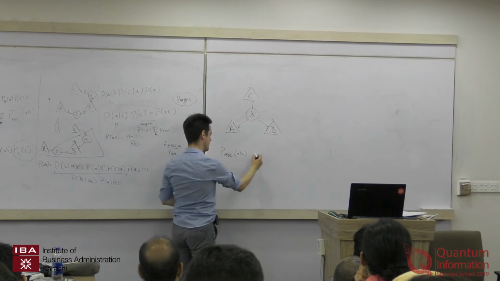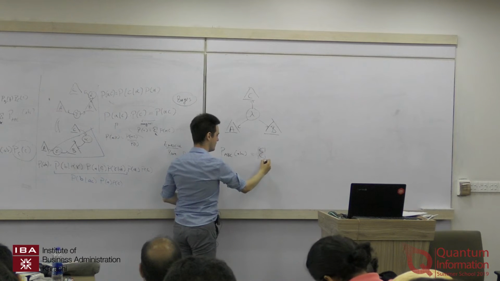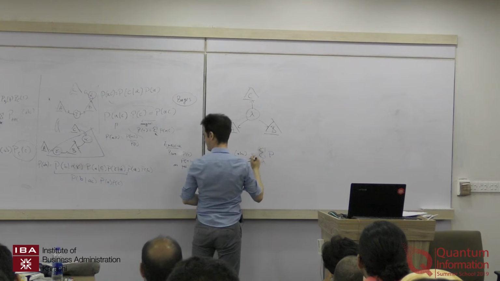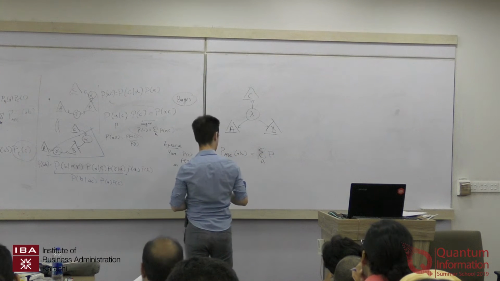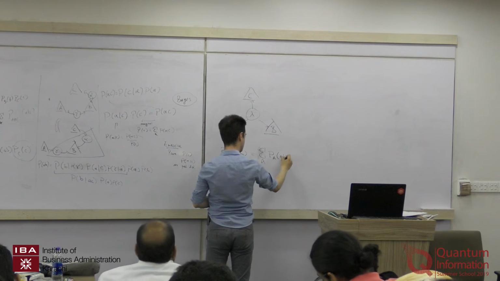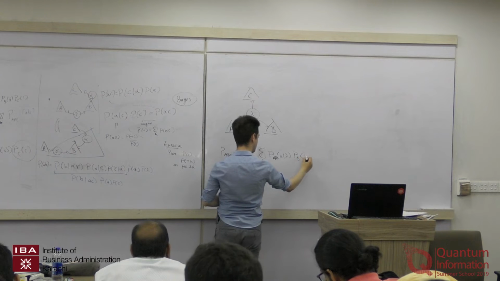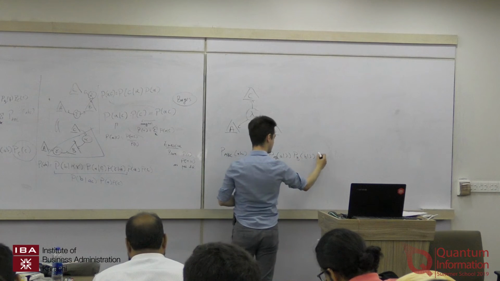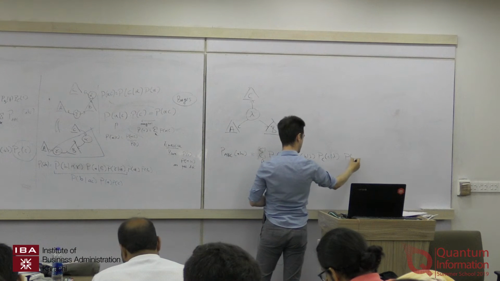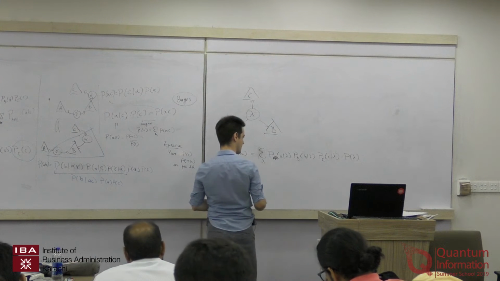So the distribution here would be something like: what I observe is a sum over lambda, because I can't observe lambda. A only depends on lambda. B only depends on lambda. C depends on lambda. And then I have the probability of lambda. And I sum over lambda because I'm not observing that variable.